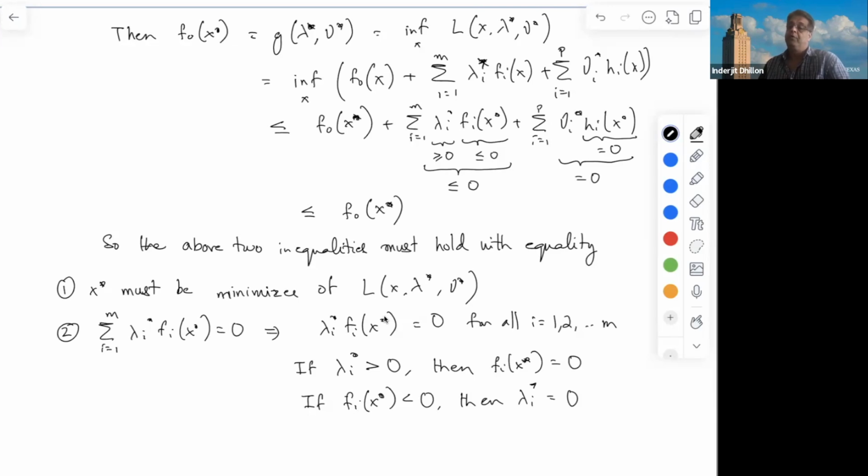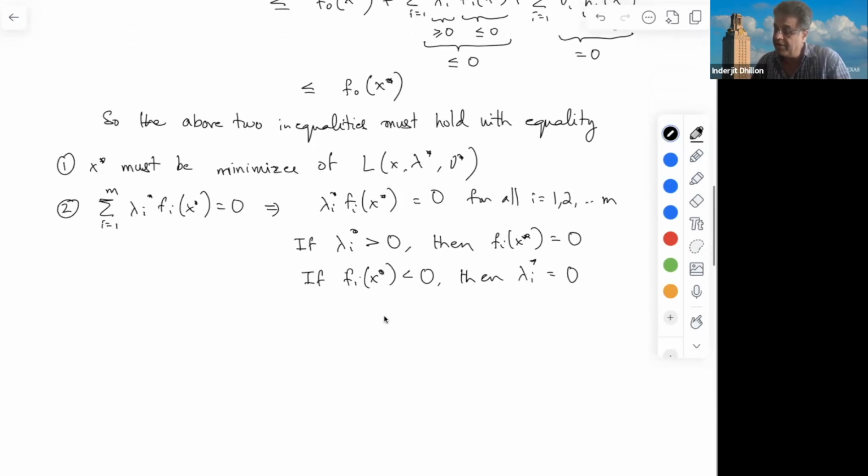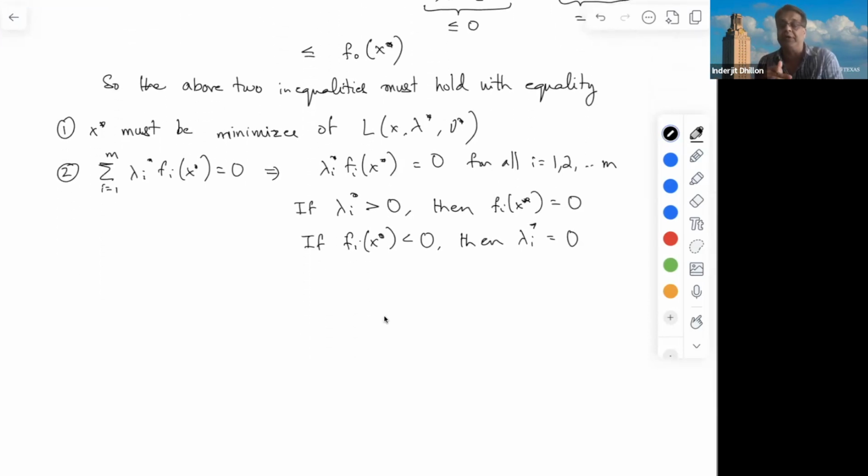So it basically says that if this inequality has some slack, such that f_i(x star) is strictly less than 0, then the corresponding Lagrange multiplier is exactly equal to 0. Right now we are looking at things in general, but it will have implications when we go back to the SVMs and look at the dual SVM problem.